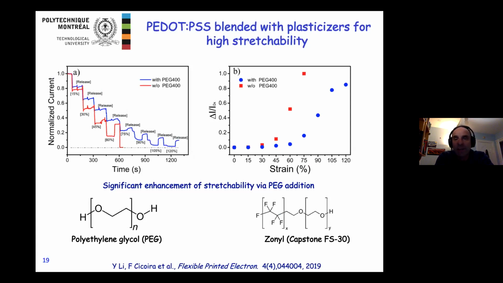If you look at the blue points, with polyethylene glycol added to the PEDOT formulation up to about 60%, we observe very little change in current. The delta I on the right tells you the change in current with respect to the current of the unstretched substrate.